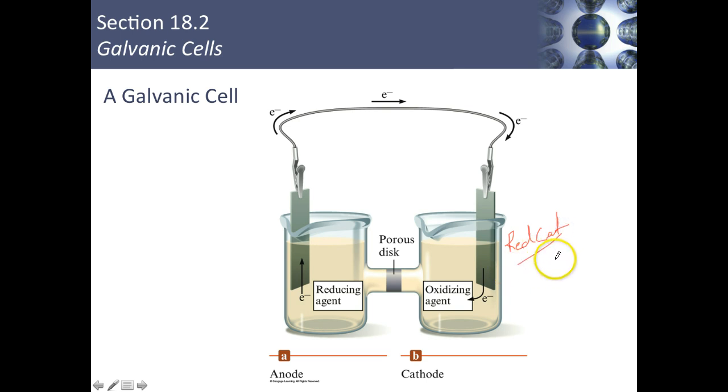Reduction happens at the cathode. Because reduction happens at the cathode, we're going to see the cathode grow in size. Whereas when we look at the anode, this is where, of course, our oxidation is going to happen, which means that we're also going to see this shrink in size. It will look like over time, like it deteriorates away.